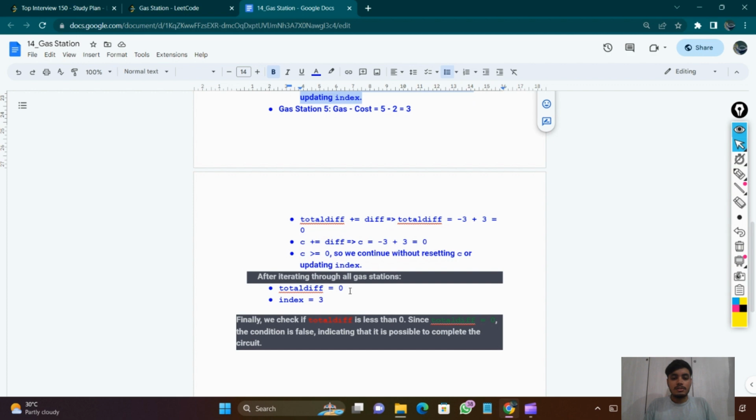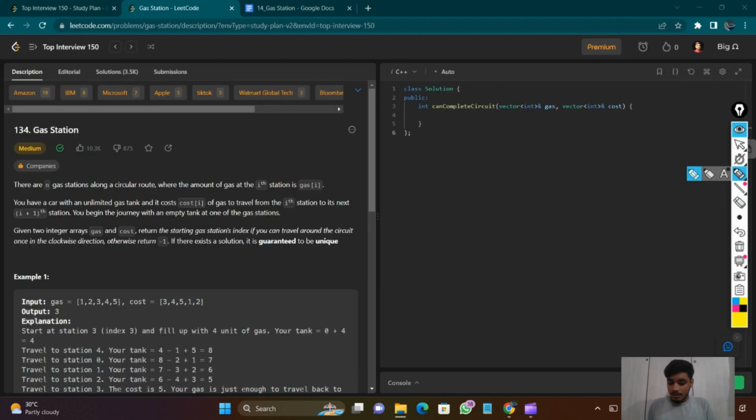So our total difference came out to be 0. So if we run our condition, we check if our total difference is less. So if we find the total difference is less, then that implies that we are not able to start from any index and move to that index in any scenario, because you can see if the cost amount is greater than the gas, that means the difference in every condition is less.